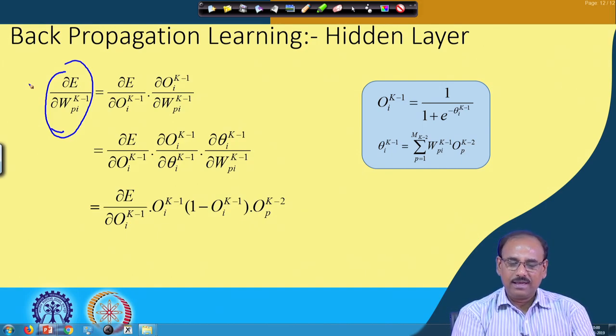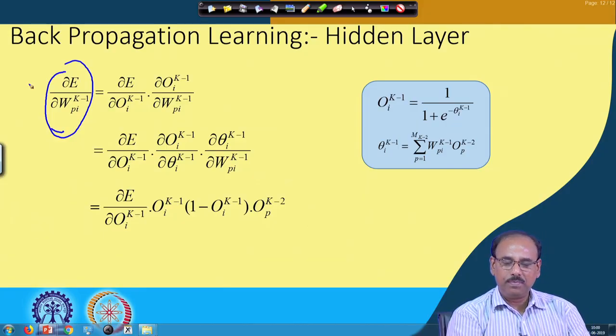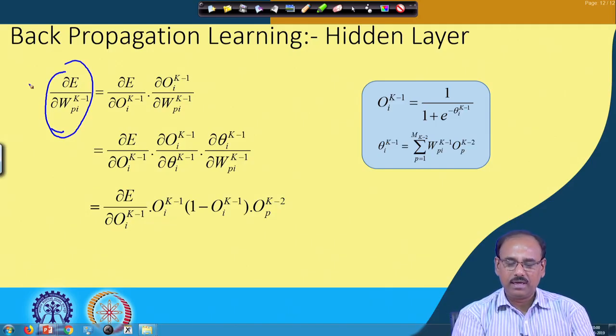And again, ∂Oi(k-1)/∂Wpi(k-1), using the chain rule, can be written as ∂Oi(k-1)/∂θi(k-1) times ∂θi(k-1)/∂Wpi(k-1).